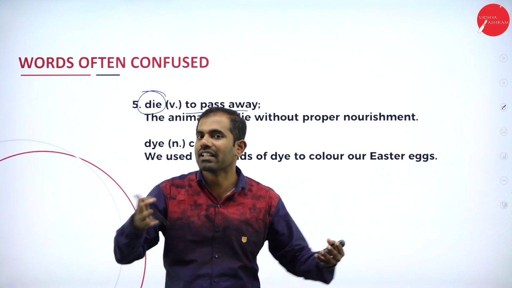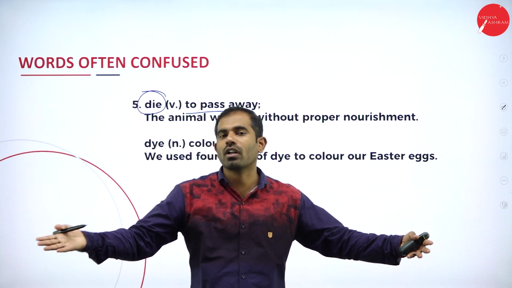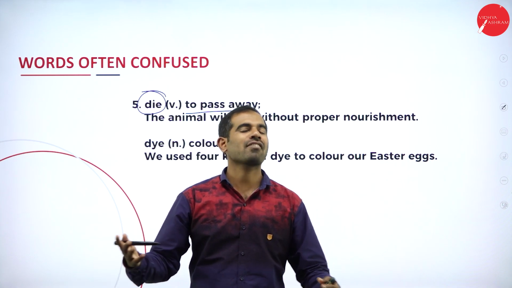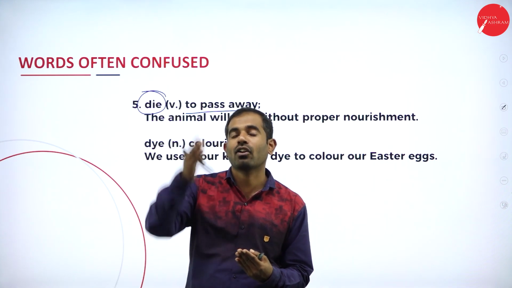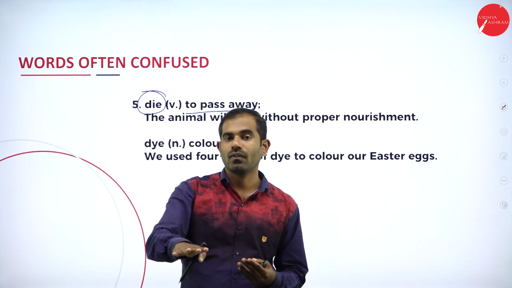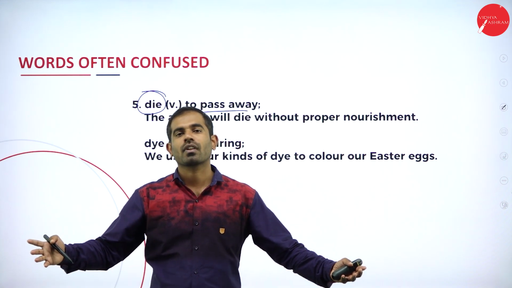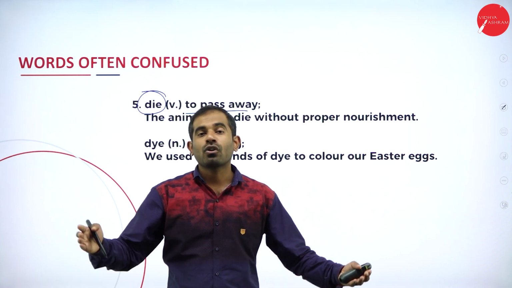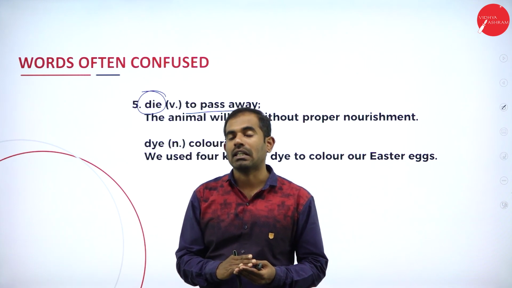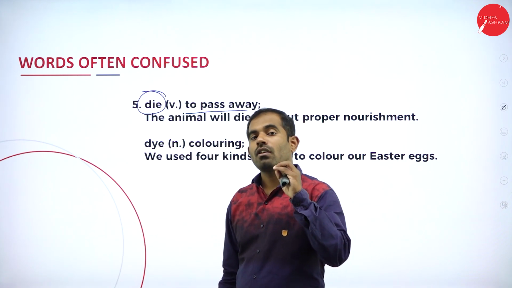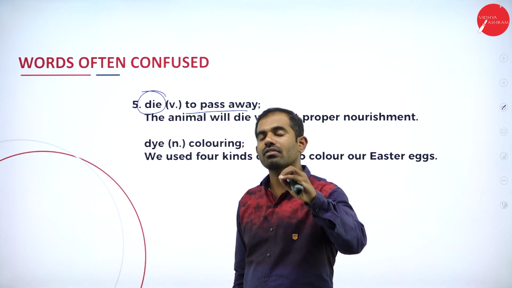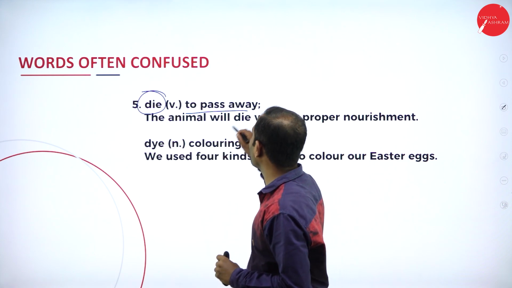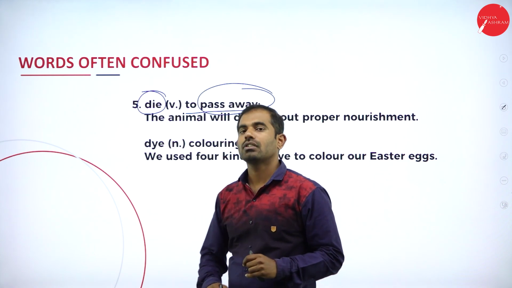Yes, of course, we are born on some particular day. Let us call it a manufacturing date, right? But we are not born with an expiry date on the same day. We don't know when we are going to die. So don't use it that a person expired. You have to use pass away.